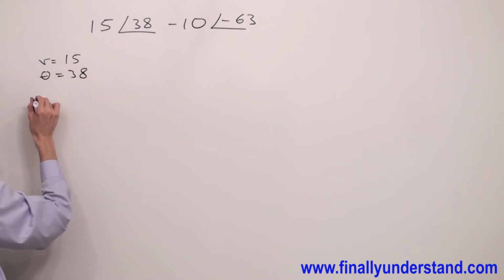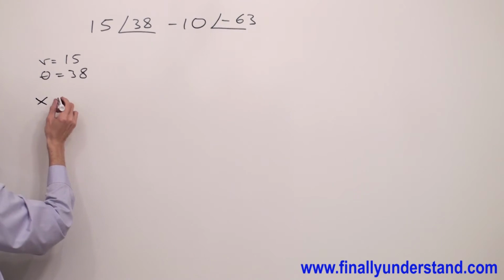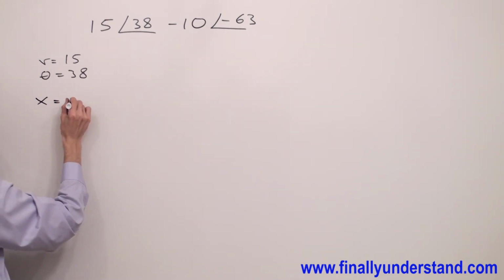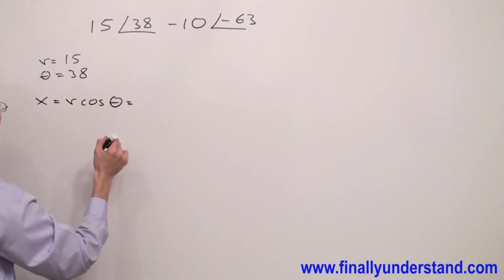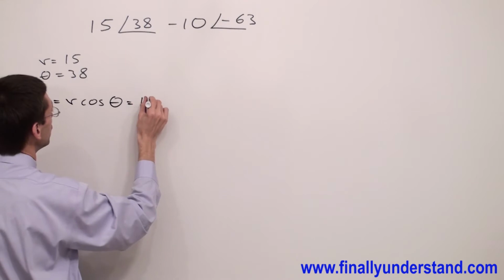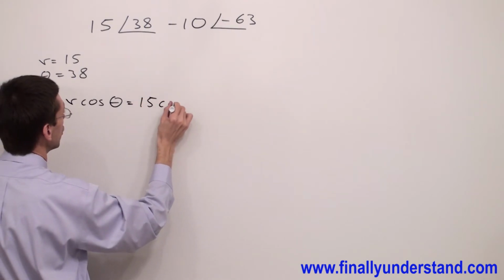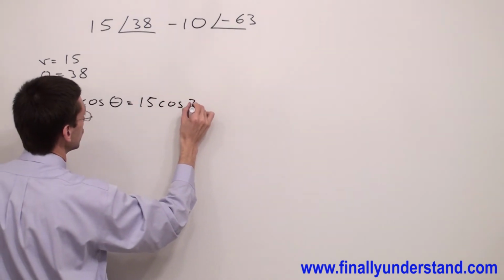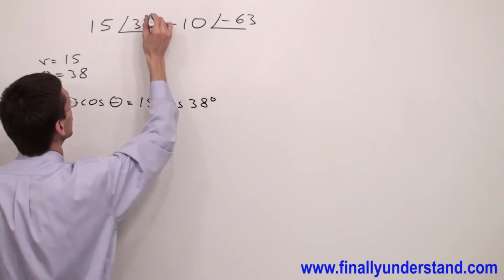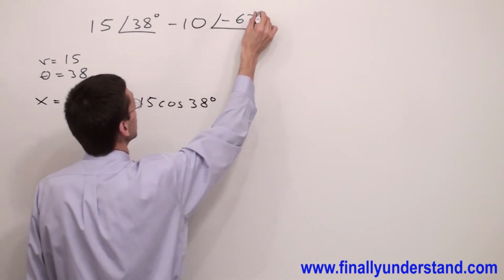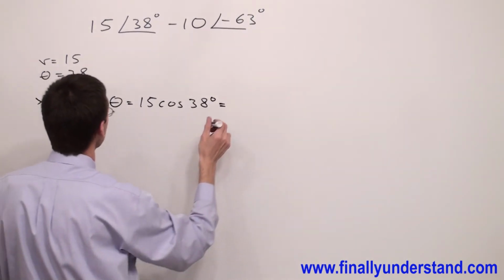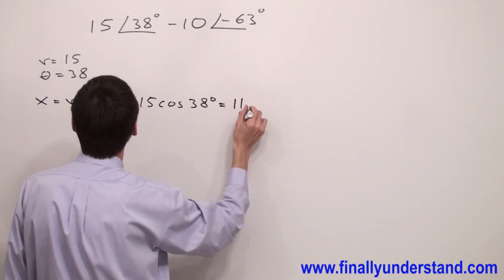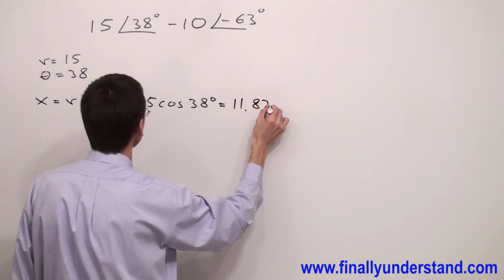So if I want to find the real part for my rectangular form, I'm supposed to simply multiply r times cosine theta, which is equal to 15 cosine of 38 degrees. Of course, we talk in terms of degrees. This is equal to 11.82.